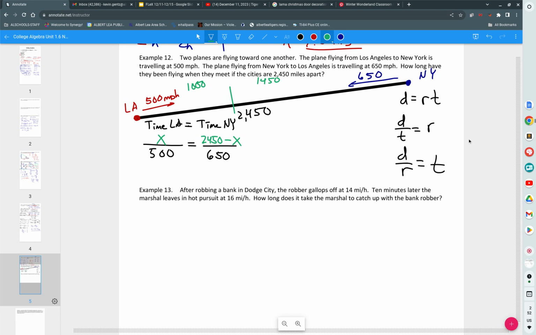Cross multiply. 500 times 2,450 is 1,225,000, minus 500x equals 650x.